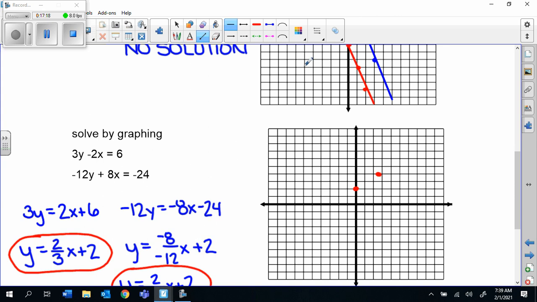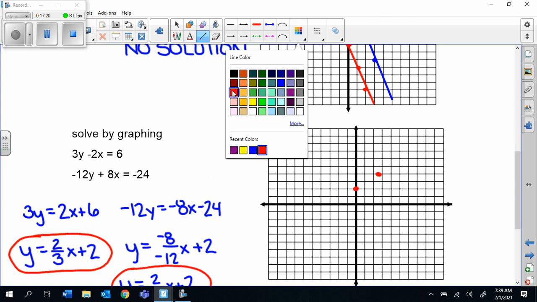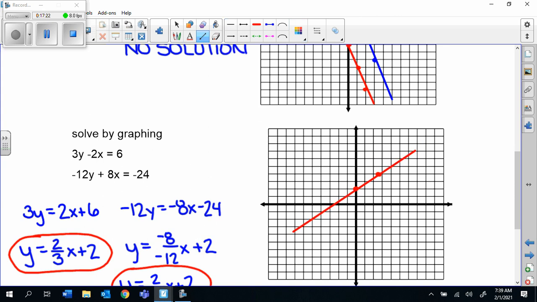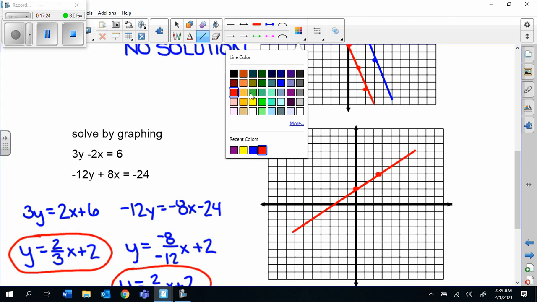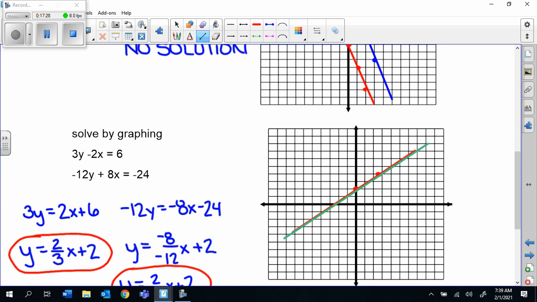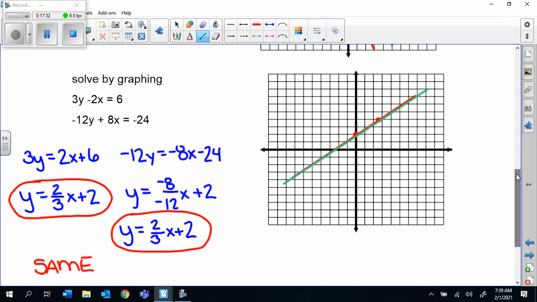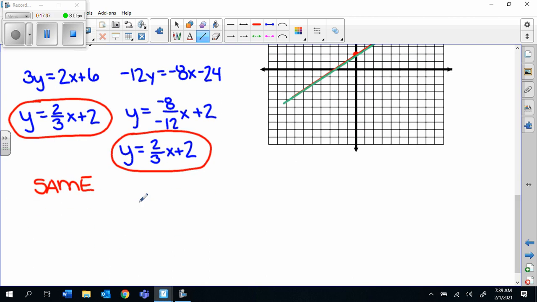It would be this line, and then it would be straight on top of each other. It's the same line. When that happens, every point on one line is a point on the other line. We say there are infinite solutions.